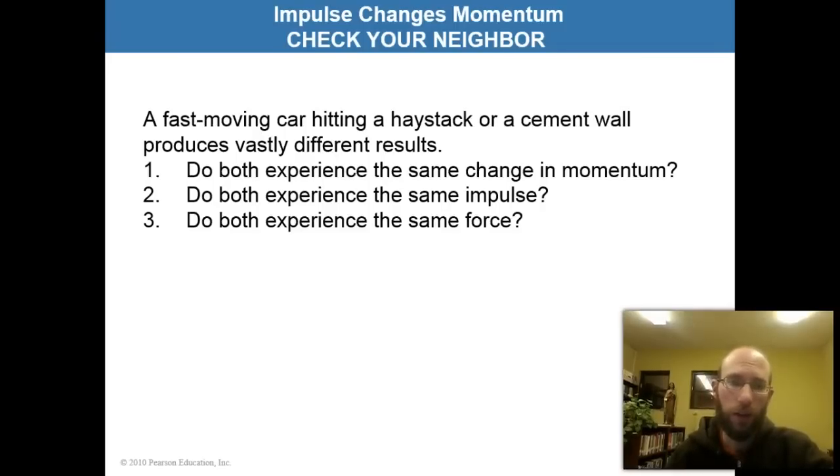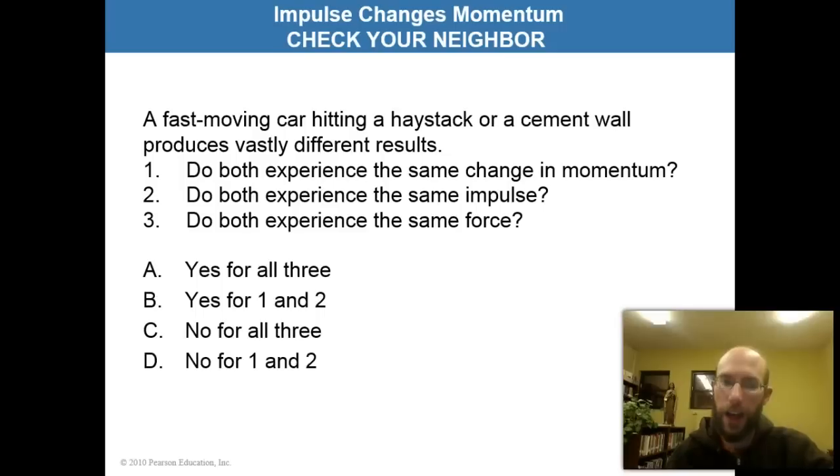Question number two, does the car hitting the haystack have the same impulse applied to it as the car hitting the cement wall? Question number three, do both experience the same force? Pause the video now to determine your answers. You can choose A, yes for all three, B, yes for 1 and 2, C, no for all three, or D, no for 1 and 2.